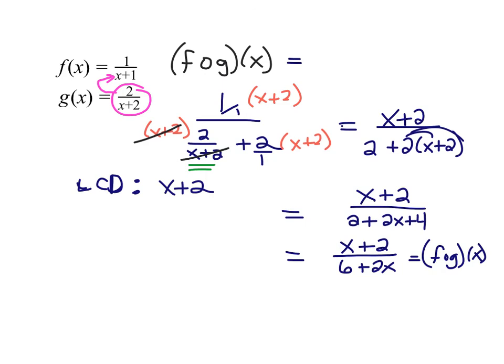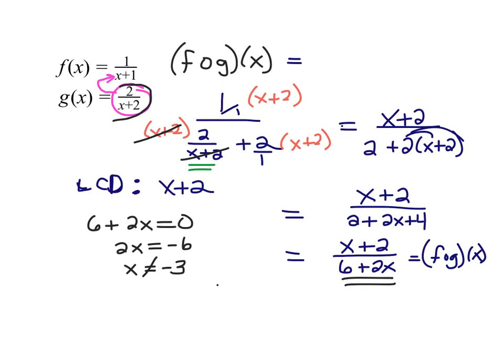So now we have to talk domain. So remember, we don't want the denominator to be 0 in our final answer, and there is a denominator. So we have to figure out what number makes 6 plus 2x equal to 0. So if I do a little algebra, that's 2x equals negative 6, that's x equals negative 3. So I can't have negative 3. But remember, I also have to check my g function.